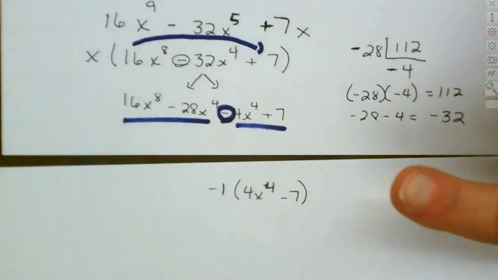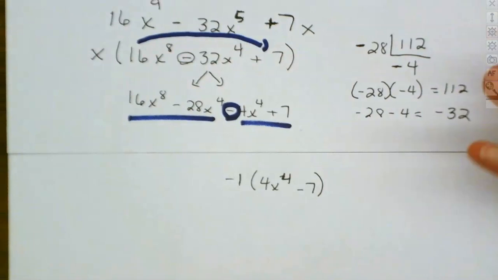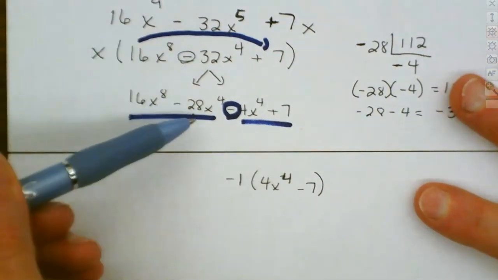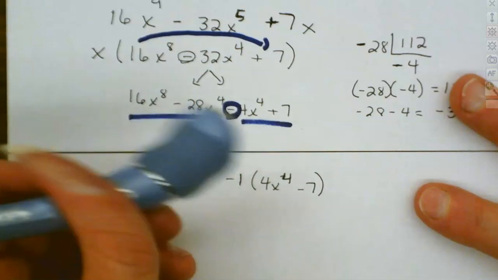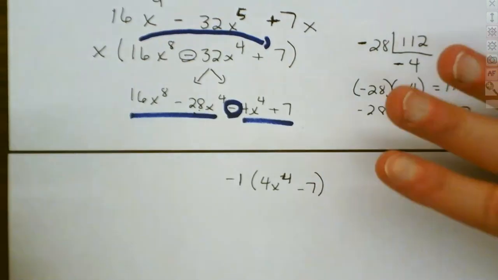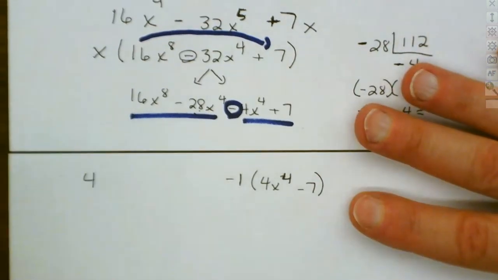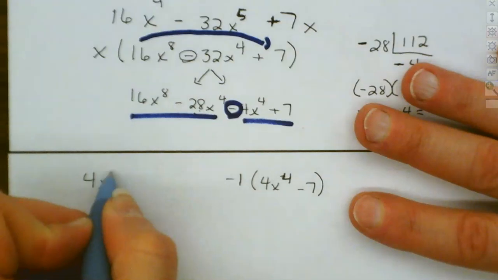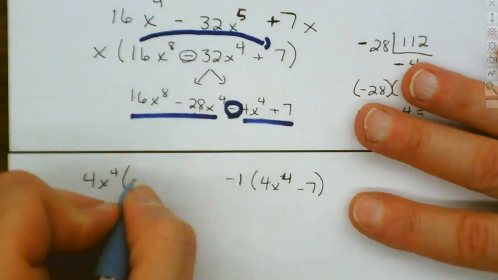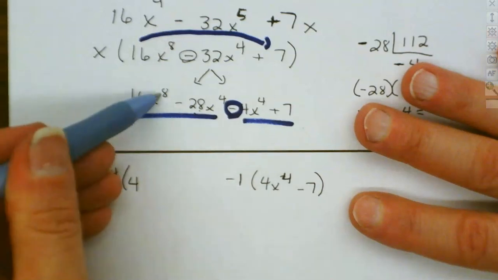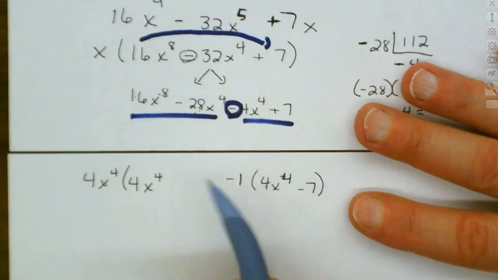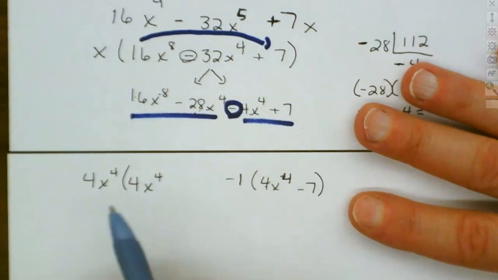So that means when I factor out the first two pieces, I need to have a 7 here. And what about 28? Well, 28 divided by 7 is a 4. So I'm going to take out a 4 and an x to the 4th. And 16 divided by 4, that makes it a 4. X to the 8th, take out 4 of them. That leaves you with an x to the 4th. See how they're matching so far. So everything looks right there.